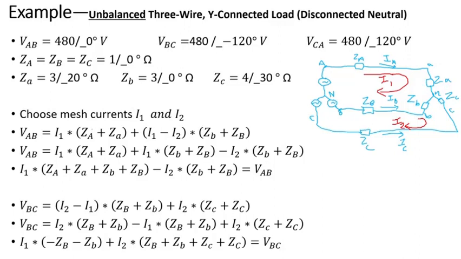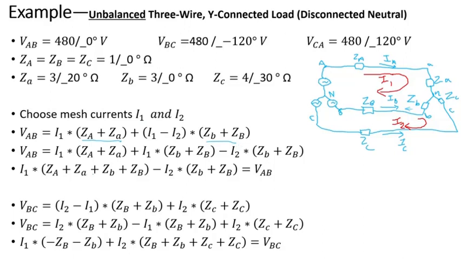So that's what you see here. Then I come this way, and the current going in this direction is I1 minus I2, times lowercase zb plus uppercase ZB.